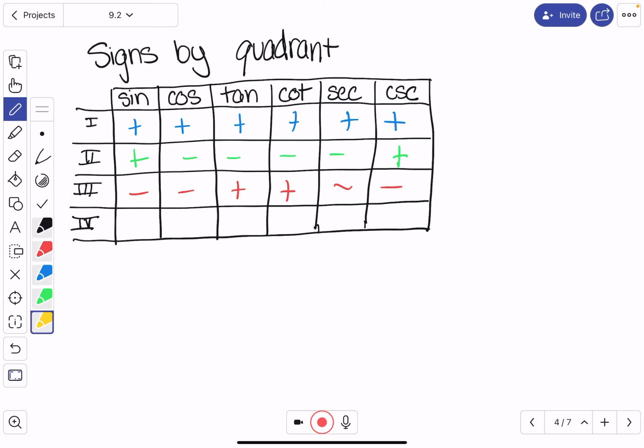And then in quadrant 4, your cosine and secant will be positive, and everything else will be negative. So by memorizing this, or at least being somewhat familiar with it, it can make your life a little bit easier. Calculators will give you the right value anyway, but it's just good to know, based on that point, what you should expect for a positive or a negative answer.